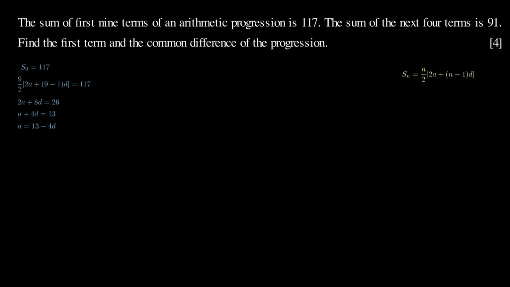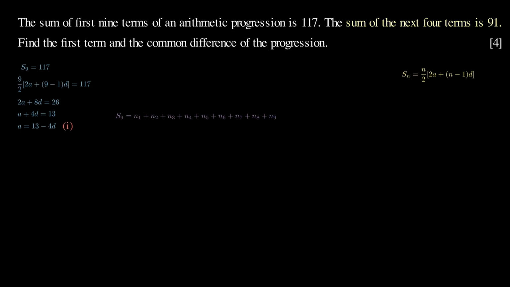We can't continue anymore. We have found one equation and there are 2 variables in it, unless we continue reading the problem and get more information from it. So let's read the second sentence of the problem, which says, the sum of the next 4 terms is 91. From the first part of the problem, we had S9, which is the addition of N1 up to N9.